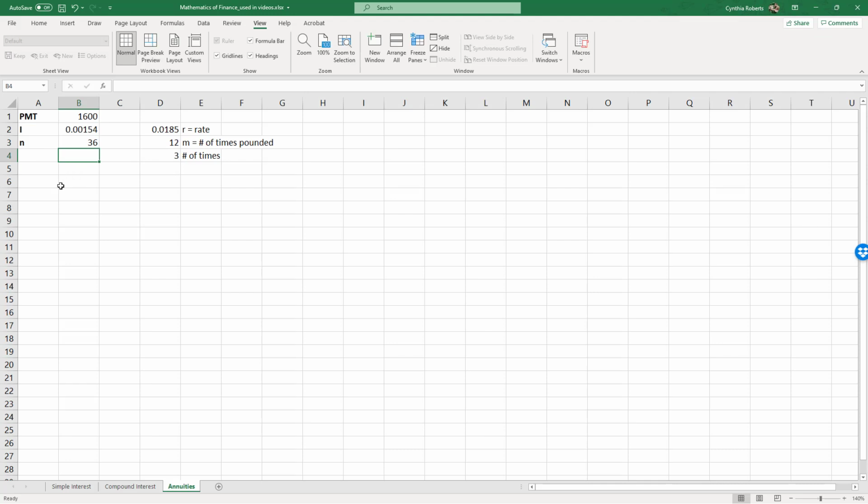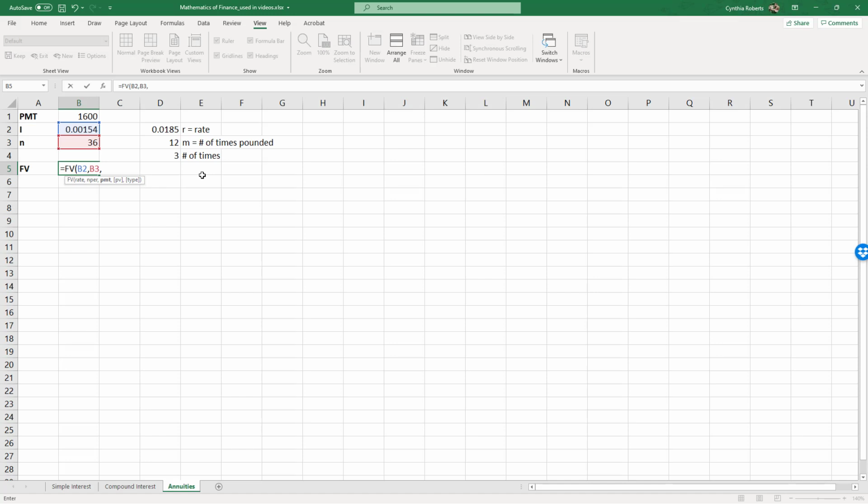And now from here, I can simply set up to find my future value by using the future value formula, which returns the future value of an investment based on periodic constant payments and a constant interest rate. Notice it asks for the rate, comma, the total number of payments, comma.